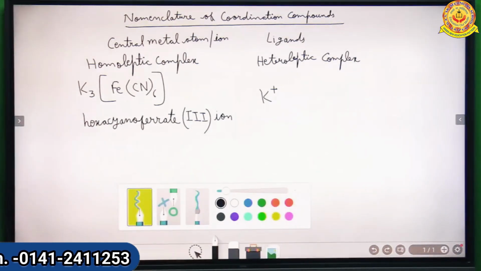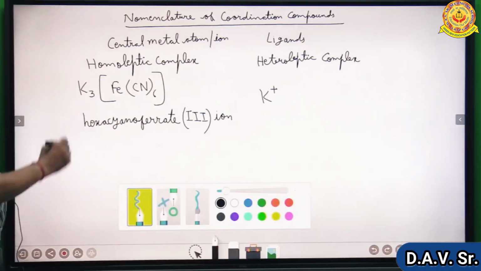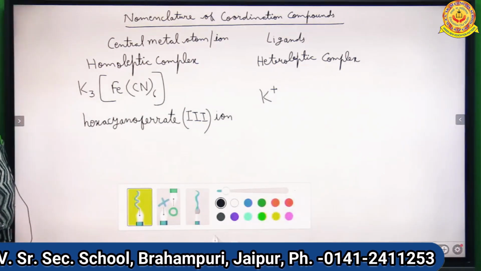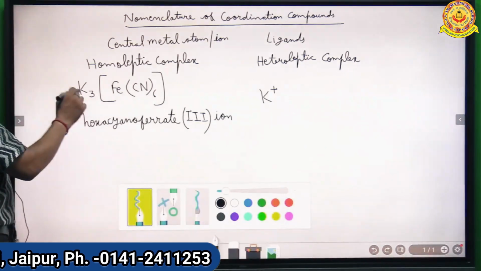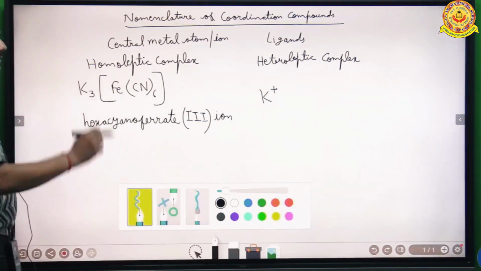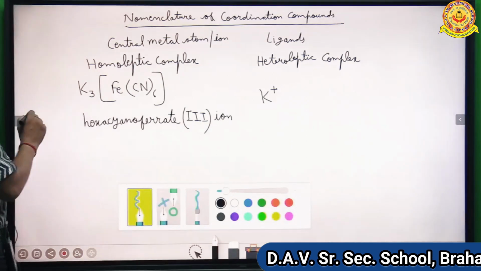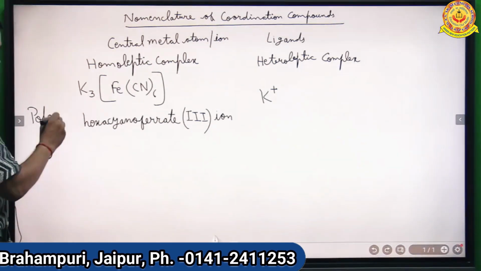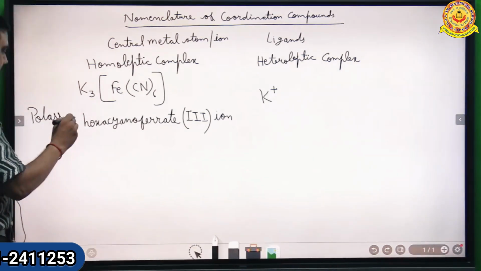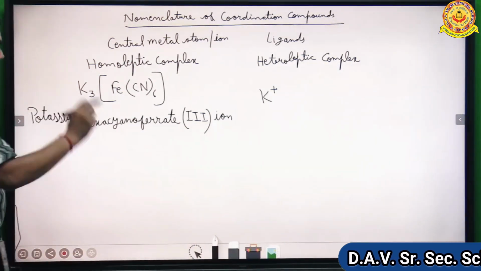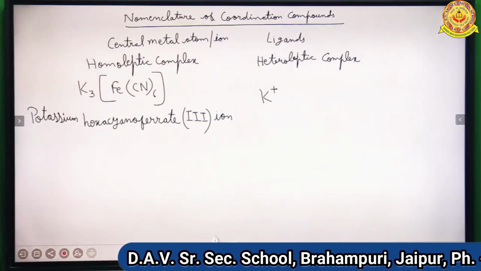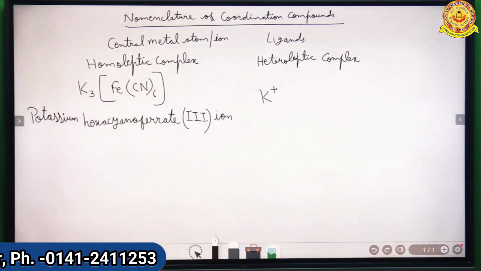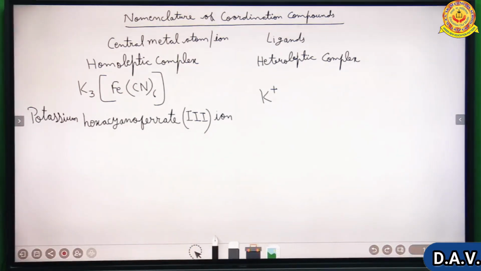K3[Fe(CN)6]. Now the counter ion is the cation, so I will write the name of the counter ion first. Potassium. So now the complete name of this complex is potassium hexacyanoferrate(III).